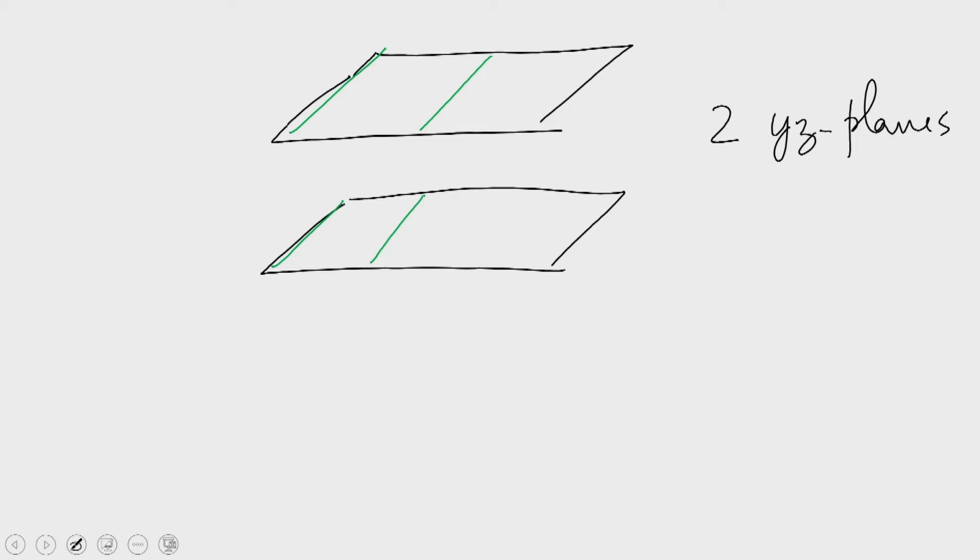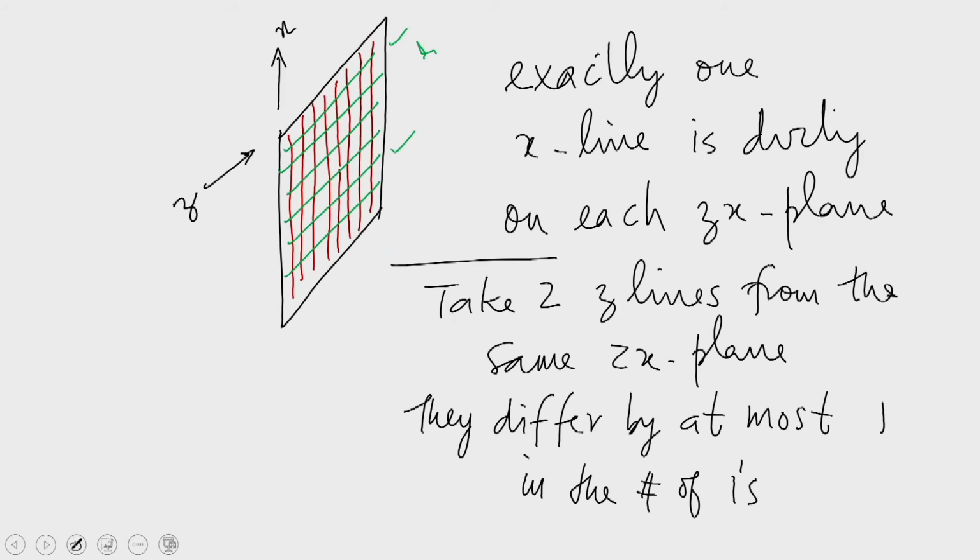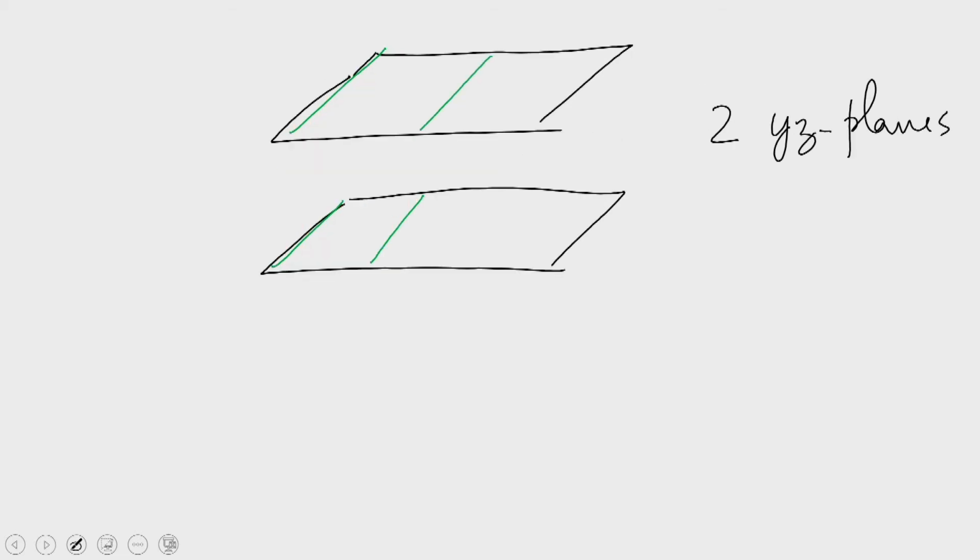Now, from our conclusion in the previous slide, between the elements of each of these pairs, there is a difference of at most 1 in the number of ones. That is, these two z lines differ by at most 1 in the number of ones, so do these two, and so on. So, if you aggregate over the entire yz plane, the two yz planes, we find that they differ by at most n power 1 by 3.